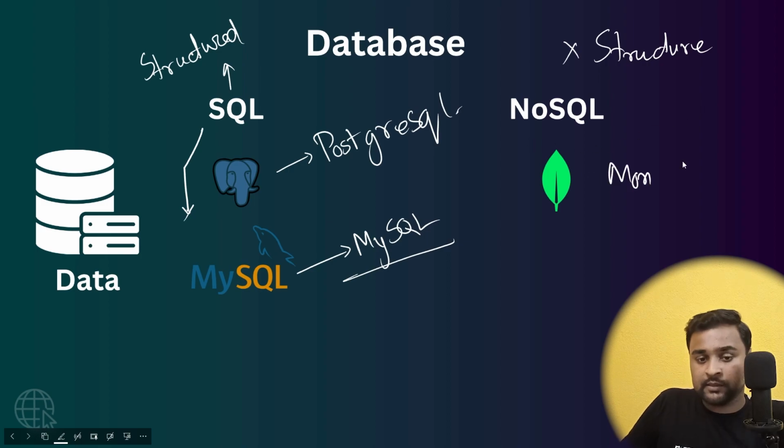NoSQL databases are also very important because nowadays the collection of the data is not very structured in many scenarios. For example, let's talk about e-commerce. E-commerce platforms sell different types of products, and each product has different specifications. So you can't structure these product specifications in a single structured or SQL based database.